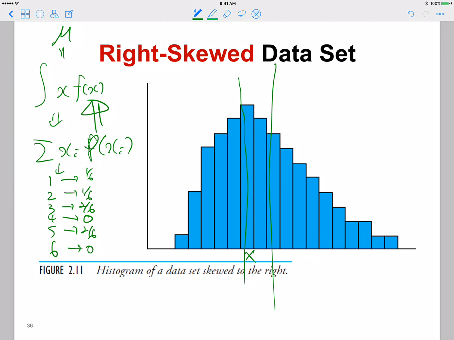Those probability values are called the probability mass function, and that is almost the same as our histogram. So in our histogram, 1, 2, 3, 4, 5, 6, with 1/6, 1/6, 2/6, 0, 2/6, 0. Let me change this.